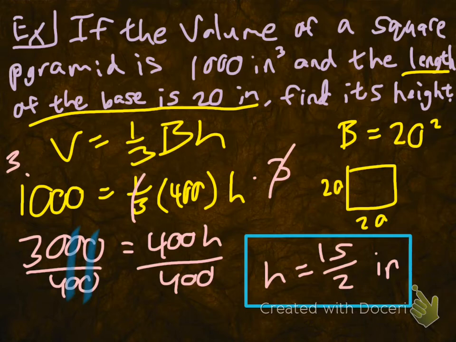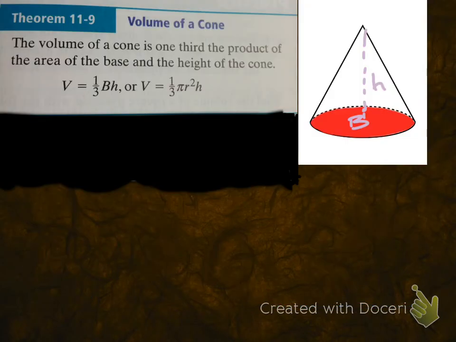Anyway, let's move on. The volume of a cone. It has the exact same initial formula as the volume of a pyramid, and hopefully you've noticed in this chapter, cones and pyramids have been pretty much parallel in their structure of finding their surface areas and volumes and things of that nature.